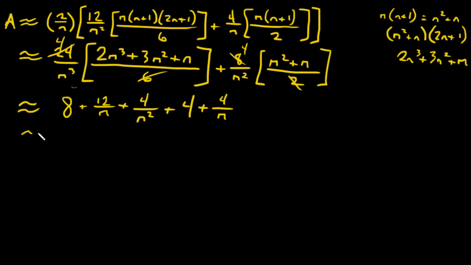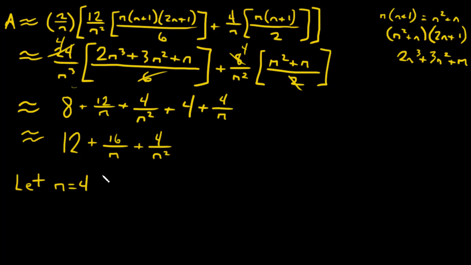So I get, this is equal to 8 plus 4, which is 12, plus 12 over n plus 4 over n, that's going to be 16 over n, and then plus 4 over n squared. Alrighty, so let's let n equal 4. What would we get if we did 4 rectangles? Well, we would get 12 plus 16 over 4 plus 4 over 16.